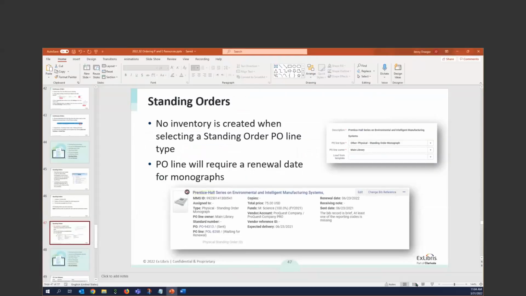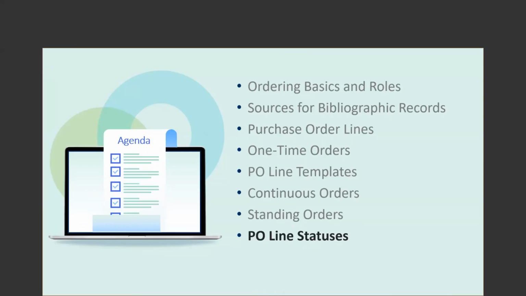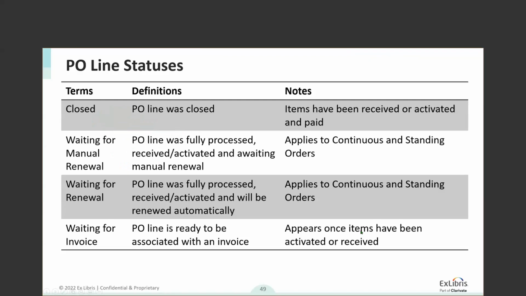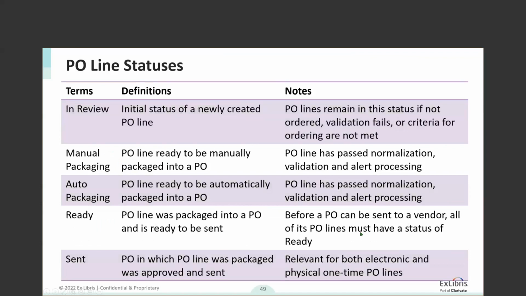Okay, so we've done all of our orders, right? I just have a few things to say about PO line statuses. This is just pulled out of the documentation, but I want you to be aware when you're looking at PO line statuses, something's in review. If you pull them up, you could say, oh, everything in review might not have everything it needs.